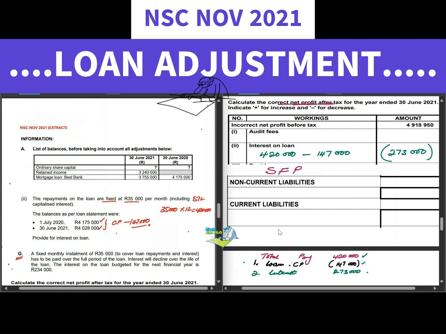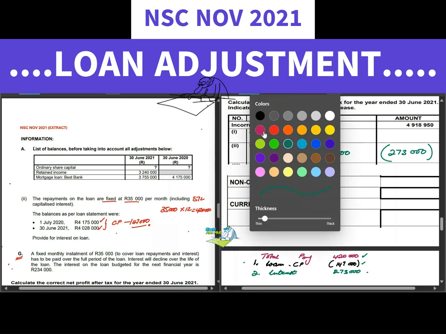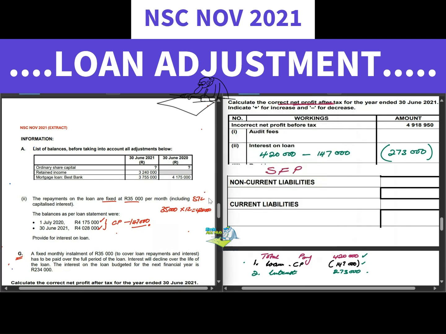Now let's come here. Remember, there are several ways in which one could have done this adjustment. The next one is on the non-current liabilities and the current liabilities. We are told that the monthly installments will be fixed and paid for the full period of the loan.